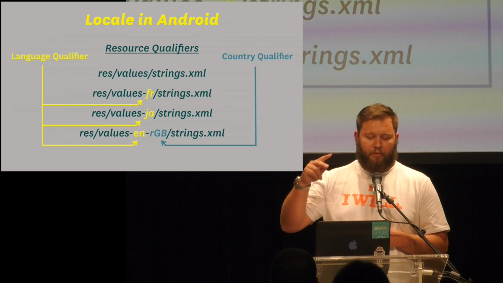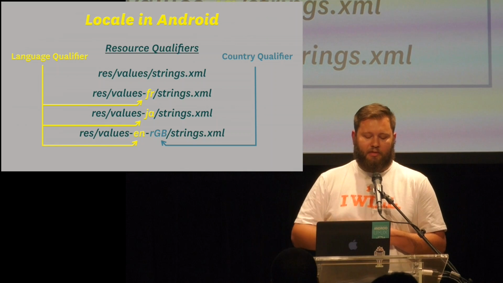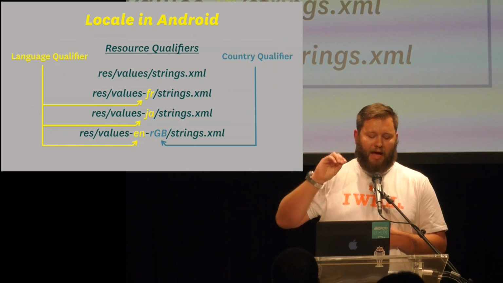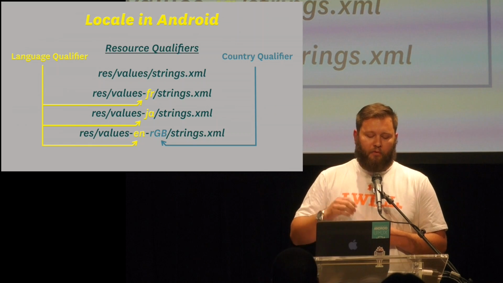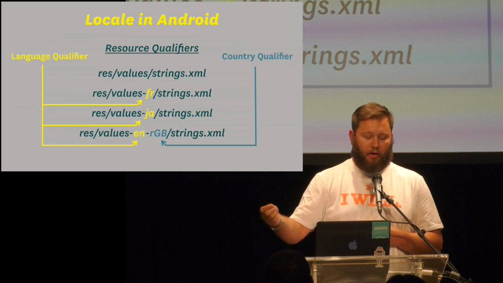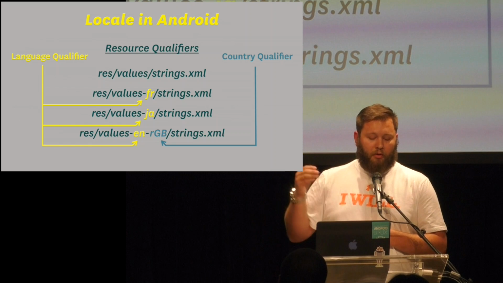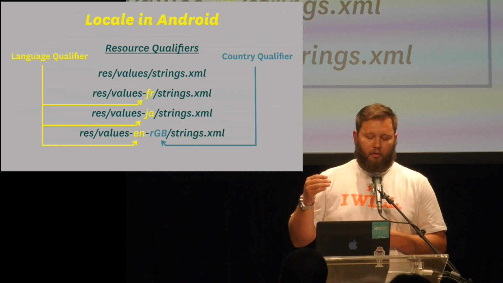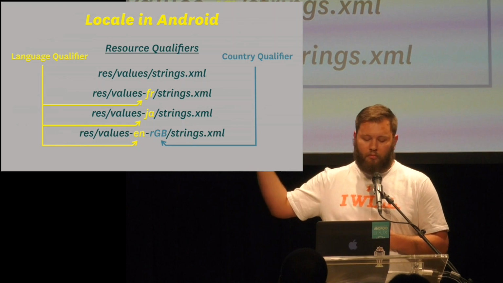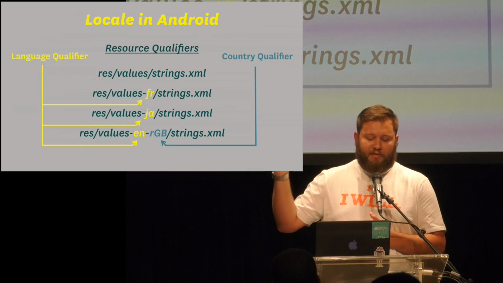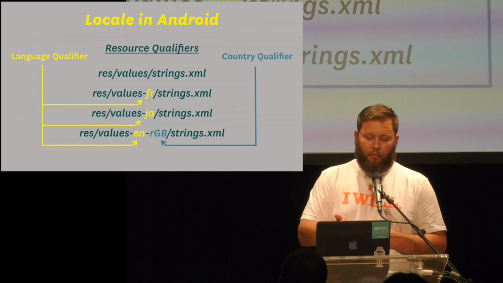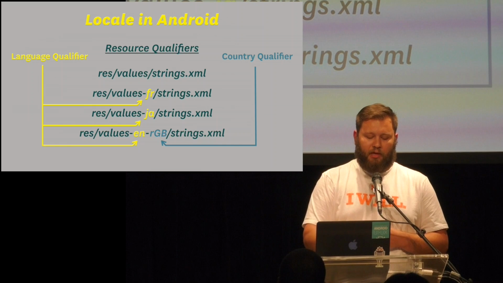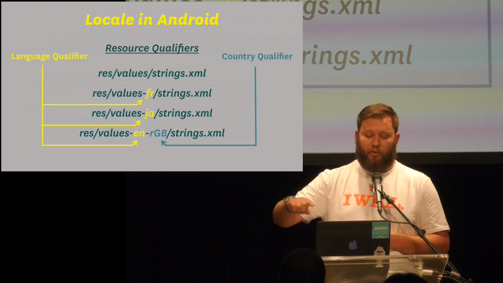So you'll notice that the in-between 2, French and Japanese, are both just targeting the actual language itself. So if you have someone that's got their device in French that's in Canada, they're probably going to be targeted to the French resources folder. If they're Japanese and have the United States as their region code, they'll probably go to this Japanese folder. But the English and GB, and that R, by the way, stands for region.